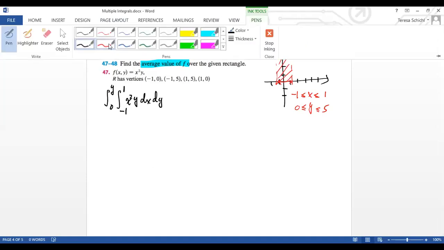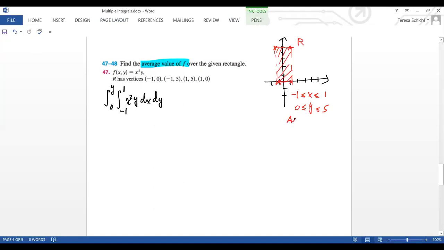Also, what is the area of R here? It's length times width, right? So it's 2 times 5, which is 10. In order to find the average value, I just need to divide by 10.